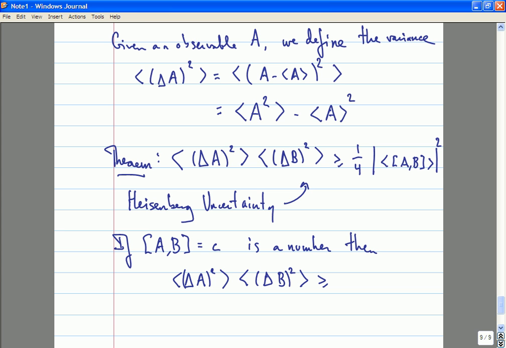Okay, it doesn't depend on what state you're in. So then we just get the quantity C squared divided by 4. Okay. And so the nice thing about this is that the right-hand side is independent of whatever state you're in. So it's some general constraint on the product of the variances of these observables that is independent of whatever state you're in. So it's some universal property of observables in quantum mechanics.